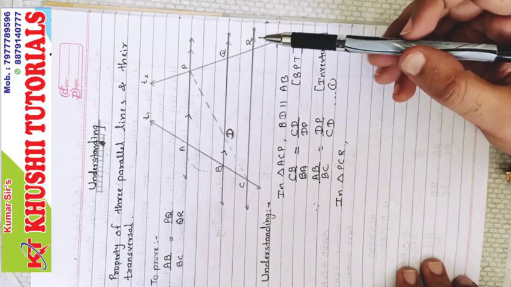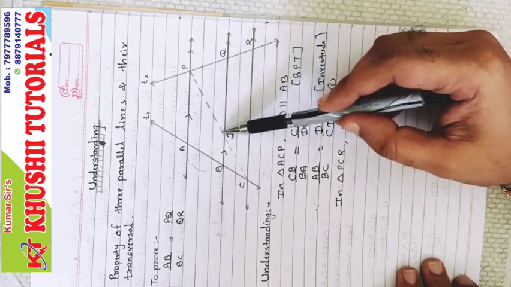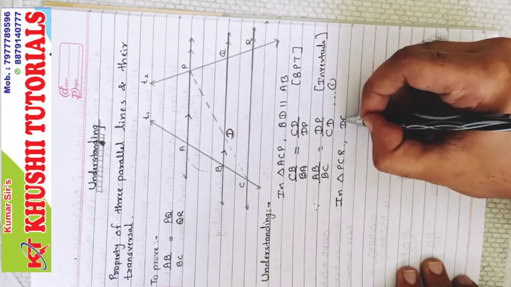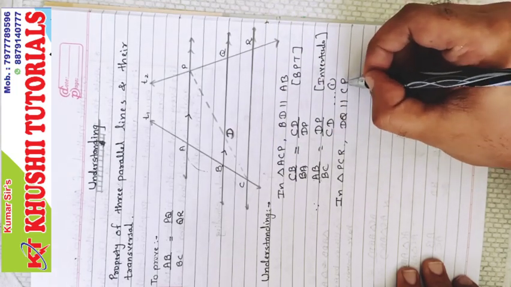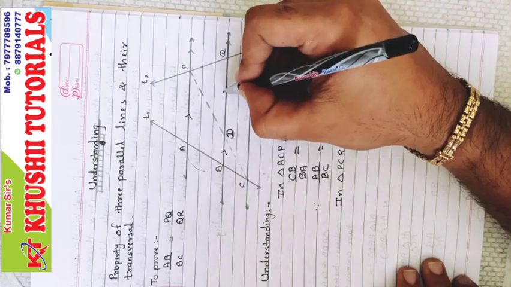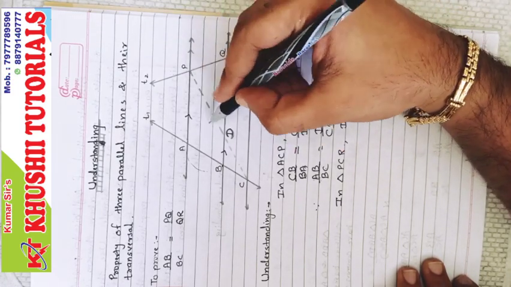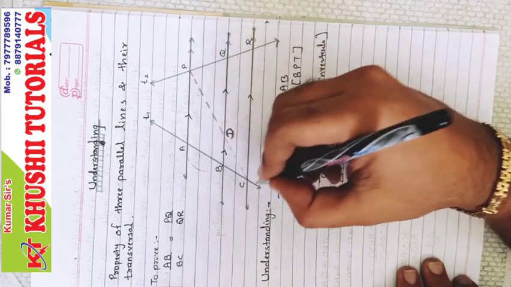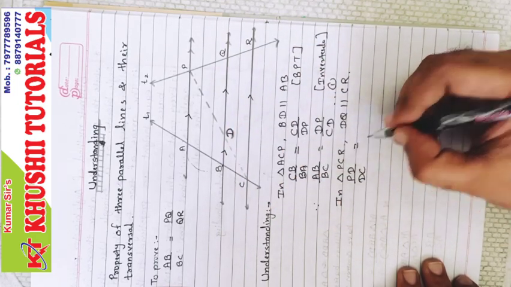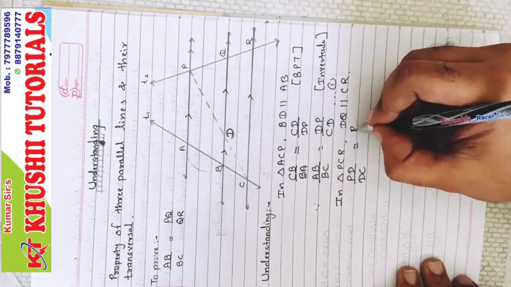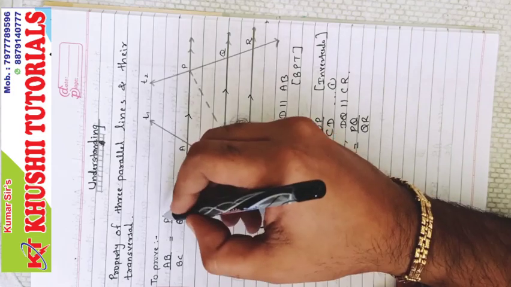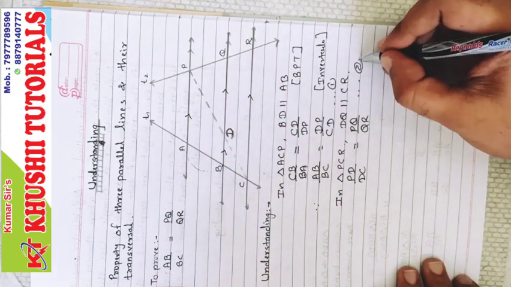which two sides are parallel? DQ is parallel to CR. As DQ is parallel to CR, therefore PD upon DC equal to PQ upon QR, and we need PQ upon QR only, so we'll mark it as 2.